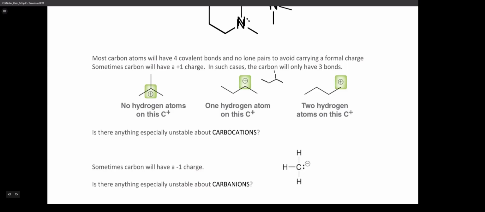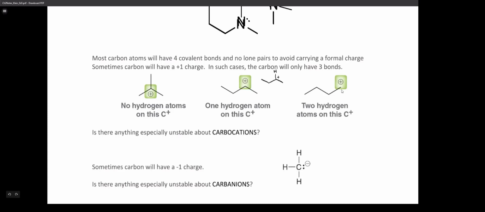Remember, you are allowed to show hydrogens if it makes things less ambiguous. Okay. And again, if you circle it or you don't circle it, it doesn't make a difference. I think people circle it so they don't think it's an X or something else. Other than that, that's fine.